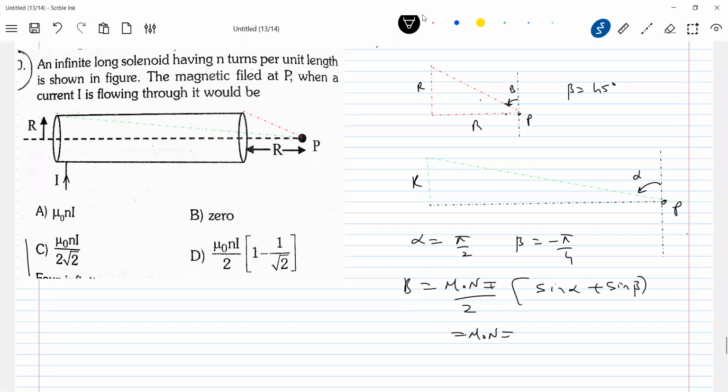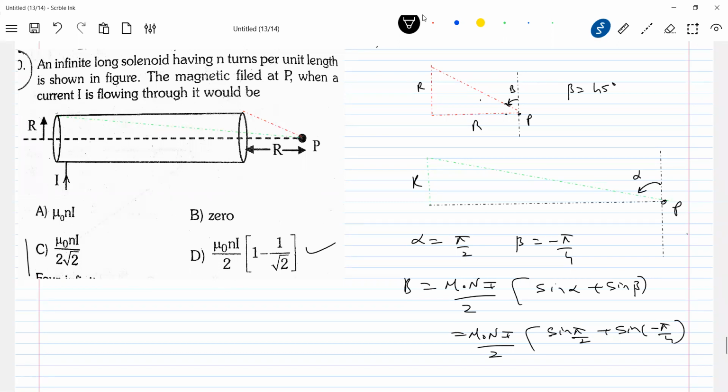So mu naught ni by 2 (sine 90 plus sine of minus pi by 4). So we can pick up this option. So it should be less than mu naught ni by 2, minus 1 by 2 into 0.7, which is 0.3. So definitely it will be less than mu naught ni by 2. So I can justify the graph we have.